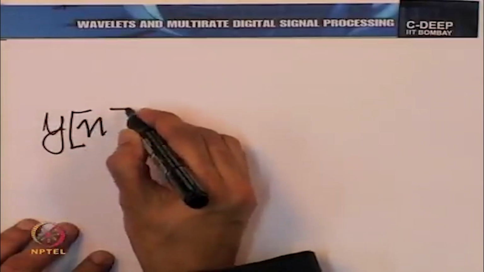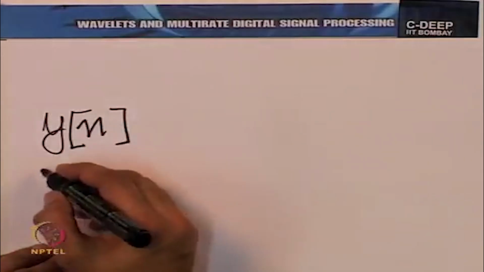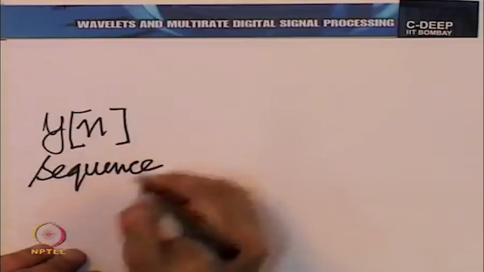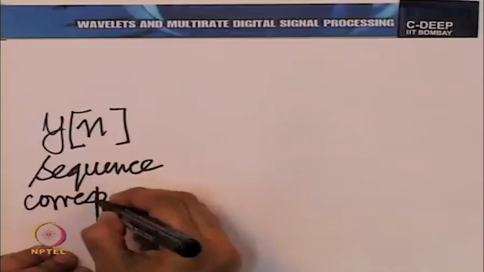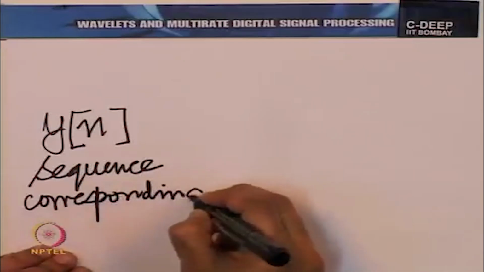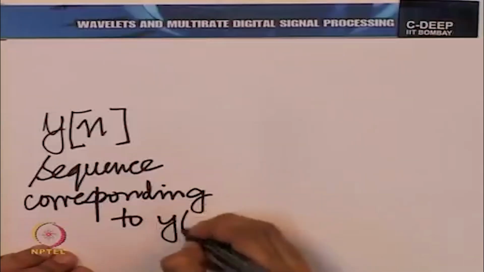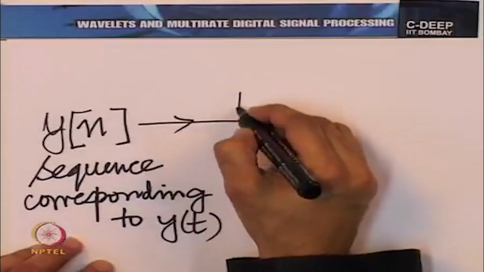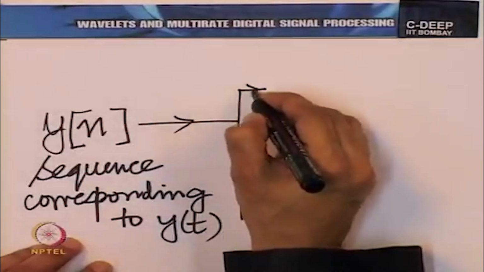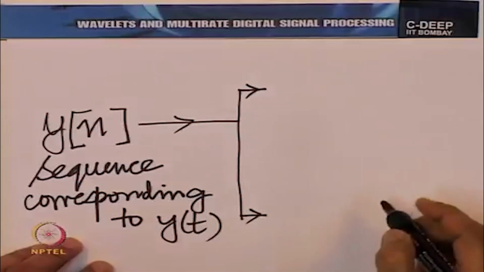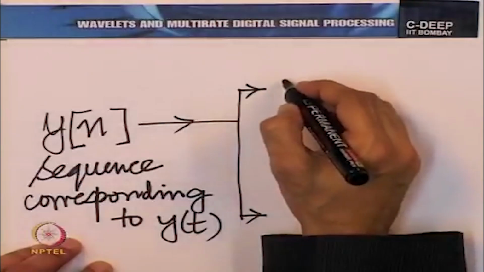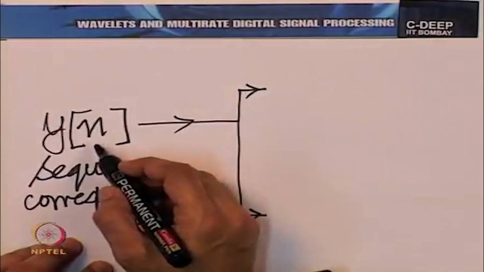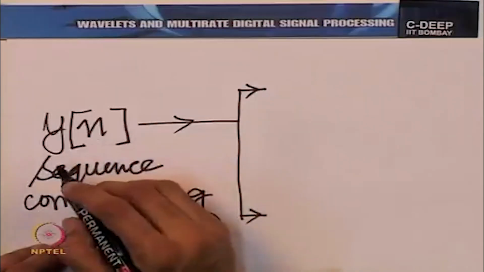So, if you have the sequence y n, sequence corresponding to y t, and if you pass it through two filters, the upper filter is described by the equation, well, now I can't use y n for the output, because I am using y n to describe this.